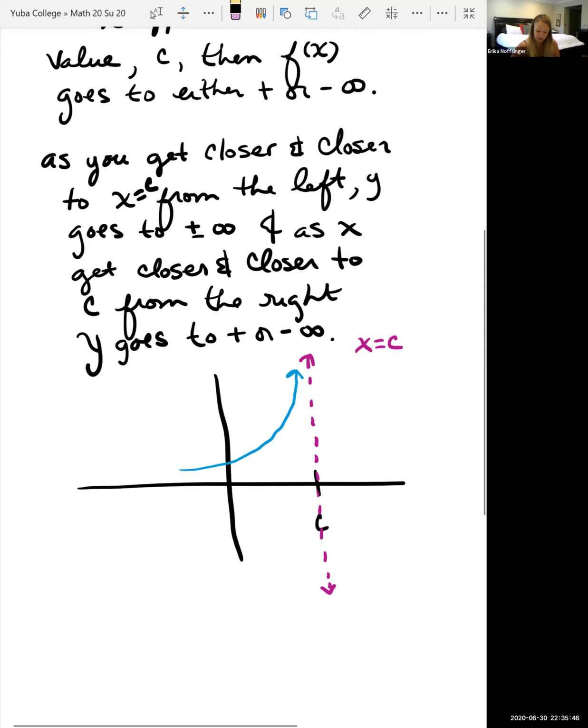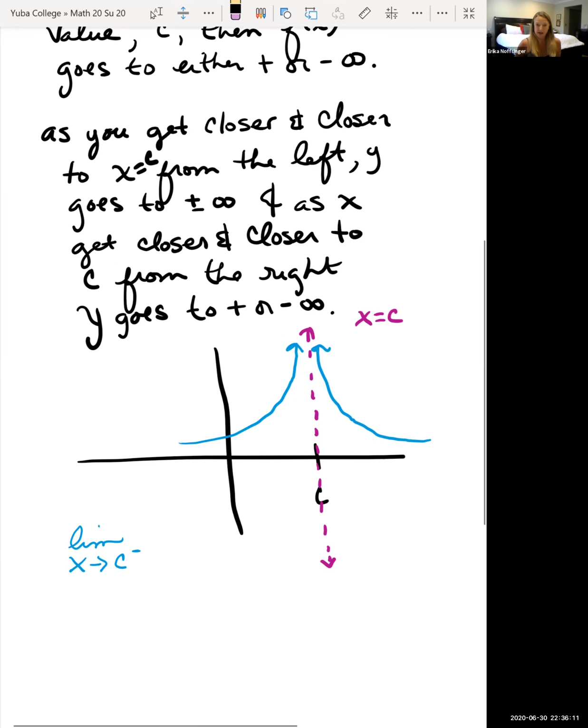So here's an example as x is getting closer and closer to c from the left-hand side of c. It goes to positive infinity. And as x is approaching c from the right-hand side, it also could be going upwards. So there's an example. Technically, and just so you'll see this in the future, x is telling you where your x value is going.